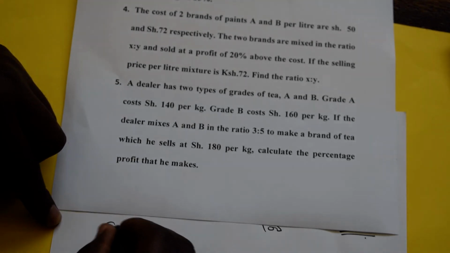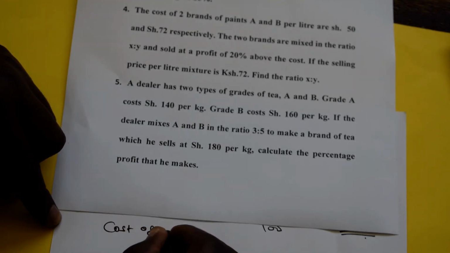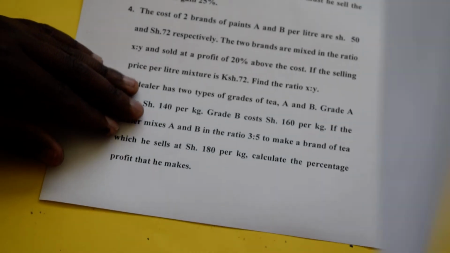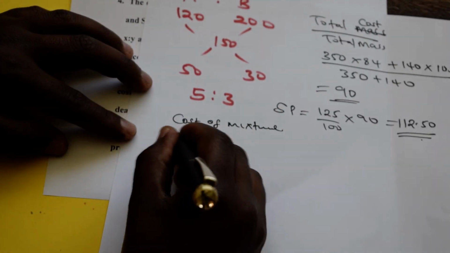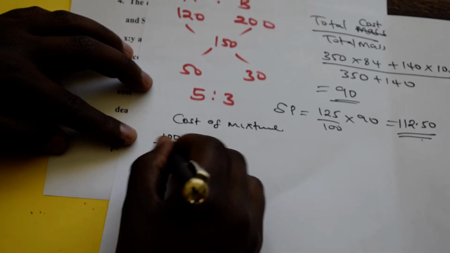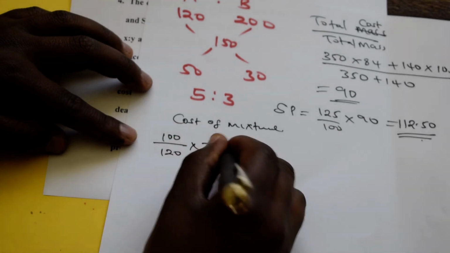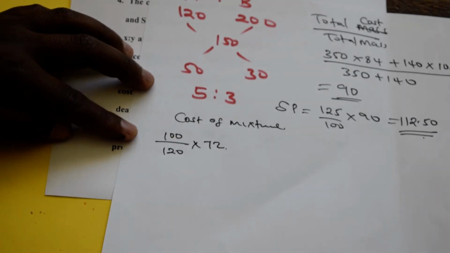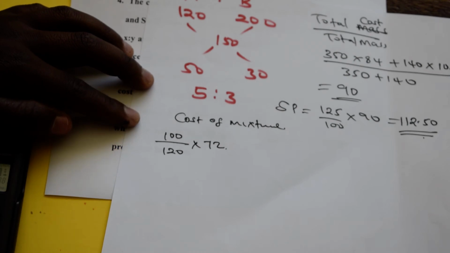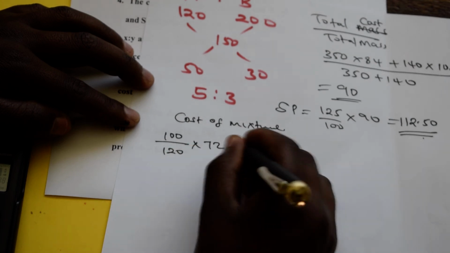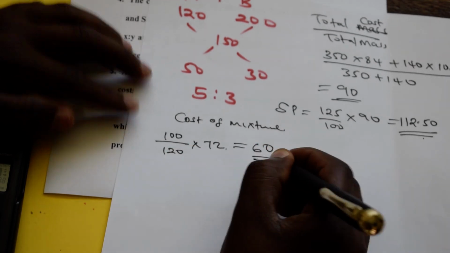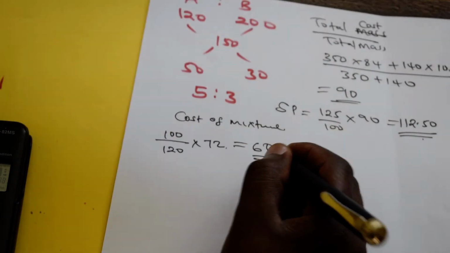So cost of mixture will be given by 100 over 120 multiplied by 72, which will give us 60. So the mixture costs 60.